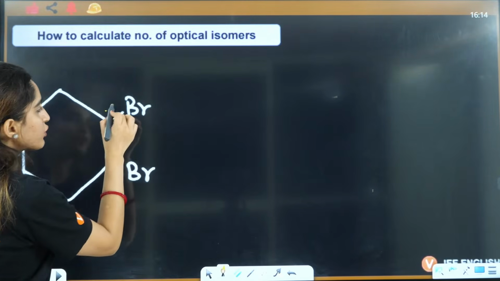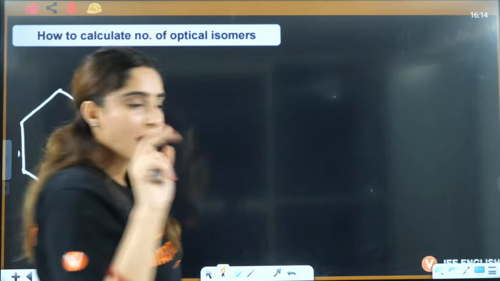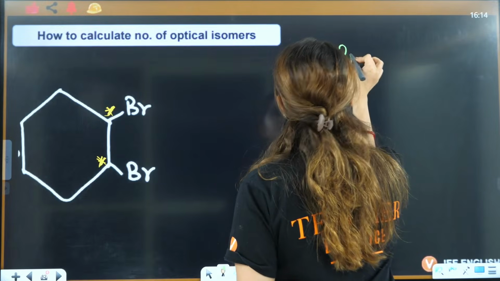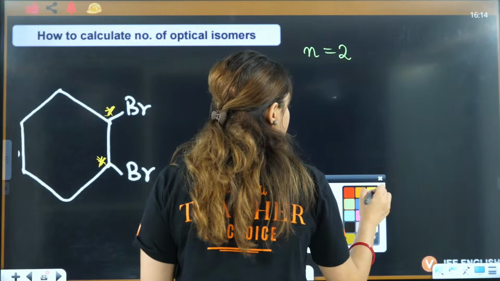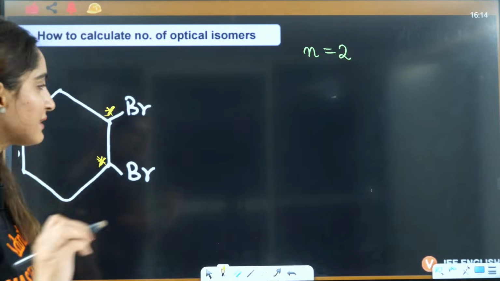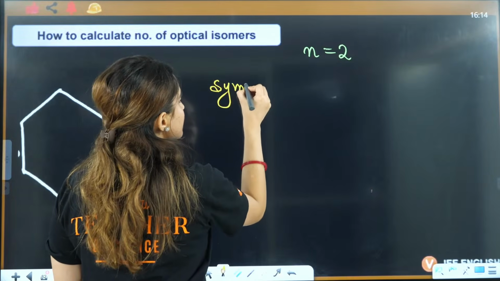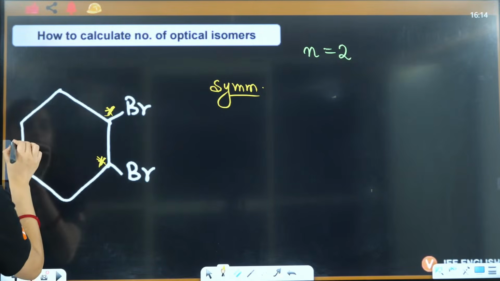That means you have two chiral carbons, so we can say that n will be equal to 2. Is it symmetrical or asymmetrical? It is symmetrical, POS is present here.